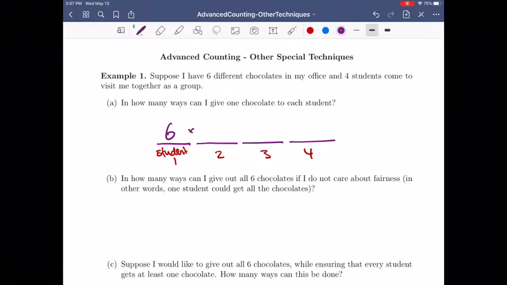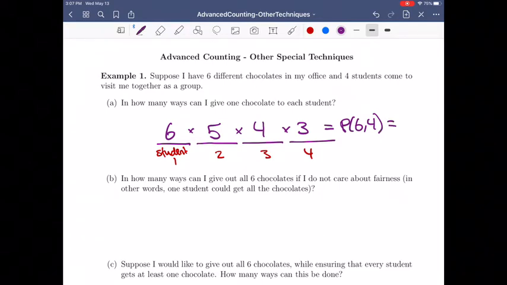For student 2, I obviously can't give them the chocolate that student 1 already got. So I have to decrease every time. So I'm going to get 6 times 5 times 4 times 3, which is also 6 permute 4, which is going to be 360 different ways.